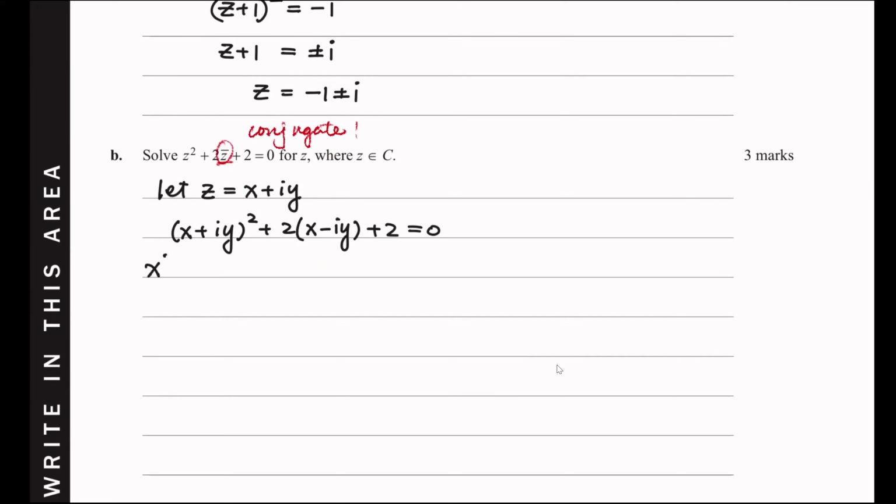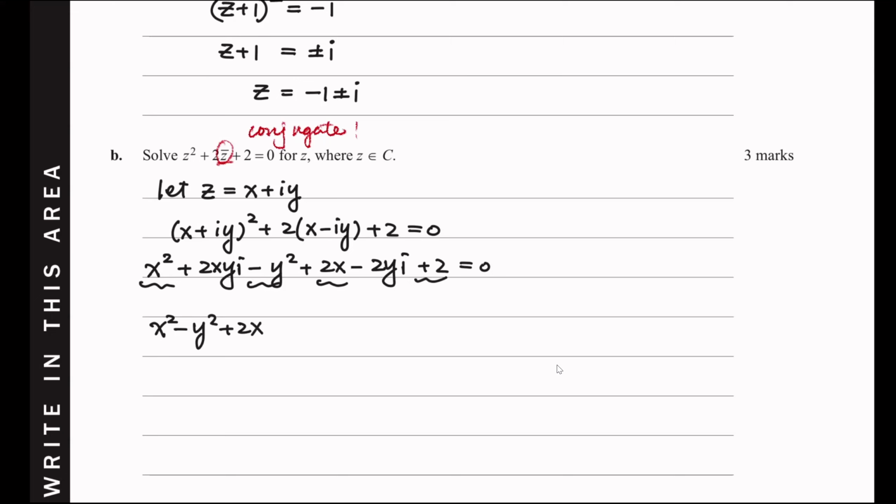And you get x squared plus 2xyi minus y squared, since i squared is -1, plus 2x minus 2yi plus 2 equals 0. So here I'll be grouping the real part and imaginary part. x squared minus y squared plus 2x plus 2 equals 0.